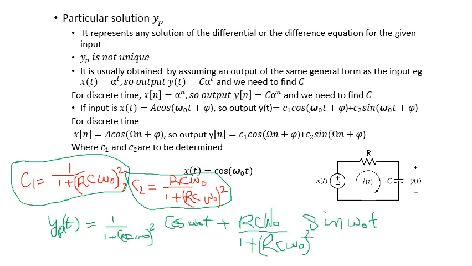By putting the values of c1 and c2, we get the particular solution, which is equal to 1 over 1 plus (RC omega naught) whole square times cos omega naught t, plus RC omega naught upon 1 plus (RC omega naught) whole square times sine omega naught t. What will be the unit of yp(t)? If you recall, look at the circuit. yp(t) is basically the output voltage, so its unit will be volts. So this is the particular solution.